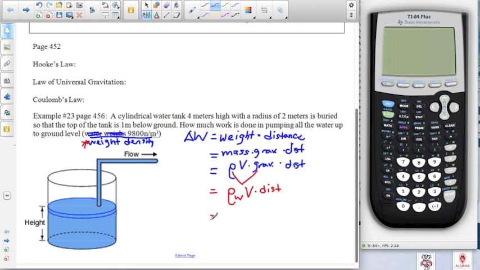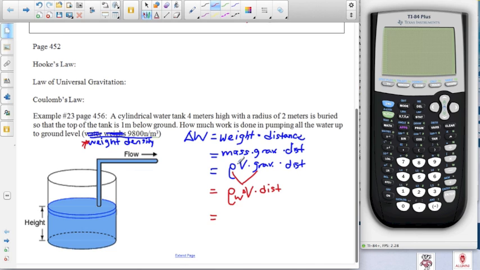The weight density is a constant. For water, it's 9,800 newtons per cubic meter. You might notice that is 1,000 kilograms per cubic meter, or a gram per centimeter cubed, if you remember from chemistry. The volume becomes the incremental portion of this expression, so I'm going to squeeze a delta in here.